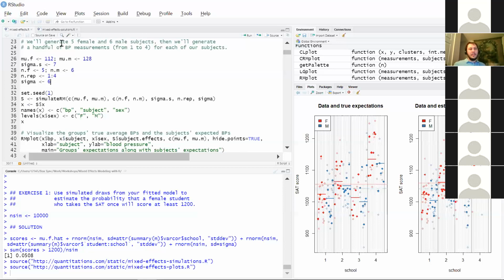So the females' expected blood pressures are not equal to the overall female expected blood pressure of 112. I'm saying they are a normal draw away from it, and that normal distribution has standard deviation 7. And then any given particular person, let's say Sarah, has a blood pressure of 120.